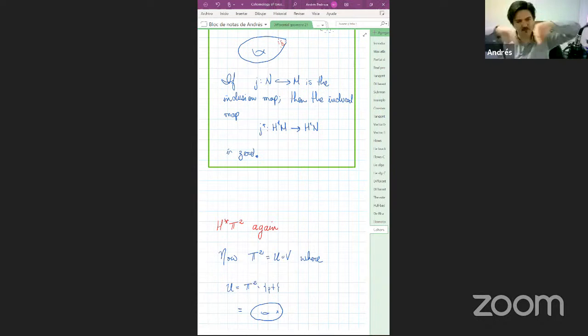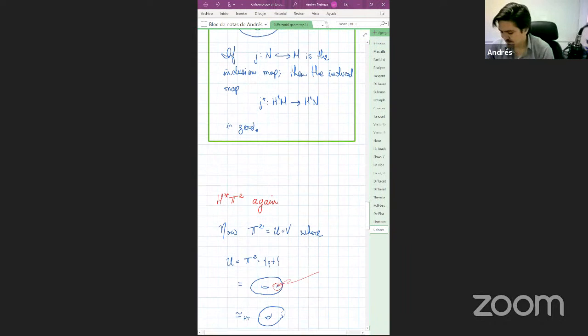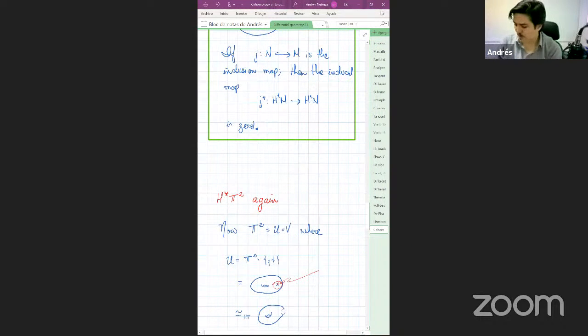What was inside, we push it to the unit circle. Here, I'm doing the same. This point is removed, so I'm going to open it a little bit, and it will have the same homotopy type as this here. So this is T2.